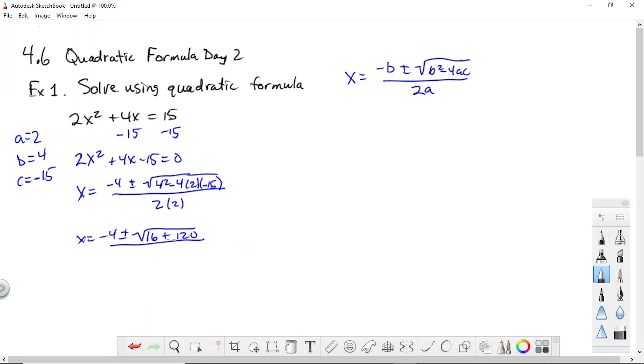That's all over 4. So that's negative 4 plus or minus the square root of 136, over 4. We've got to factor that and see what we have.